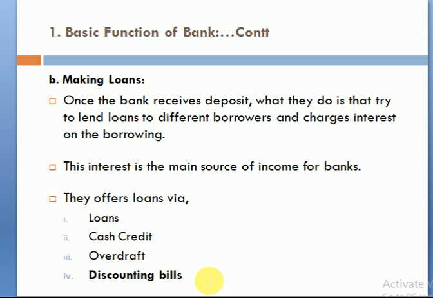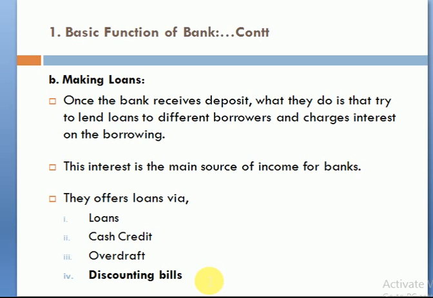The interest is charged only on the amount of money withdrawn by the borrower. So cash credit loan is mostly sanctioned to businessmen. When they take a loan, they keep the security and take the loan according to their security limits, and the bank charges interest.